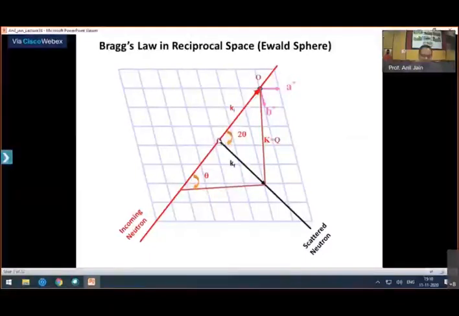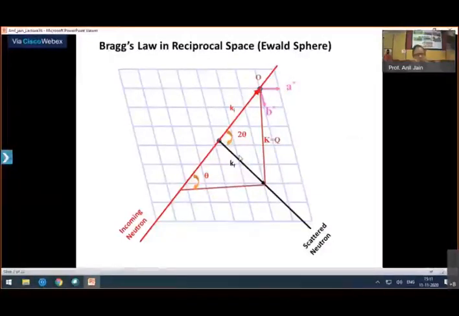This beam is reflected by the sample and you access this reciprocal lattice point. When you are in the horizontal scattering plane, if you have Ki and Kf, then your Q also remains in the same horizontal scattering plane.